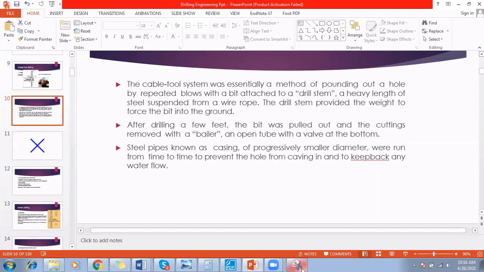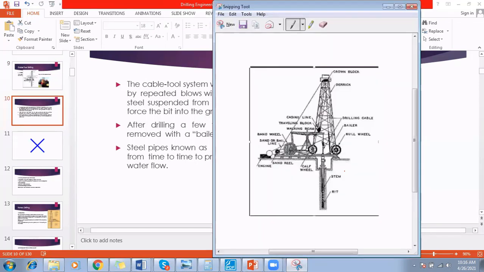Firstly, the thing that you need to know is that there will be no rotation of the bit in cable tool drilling. In cable tool drilling, drilling proceeds with downward and upward action. So what happens is, you can see that there is a walking beam here.